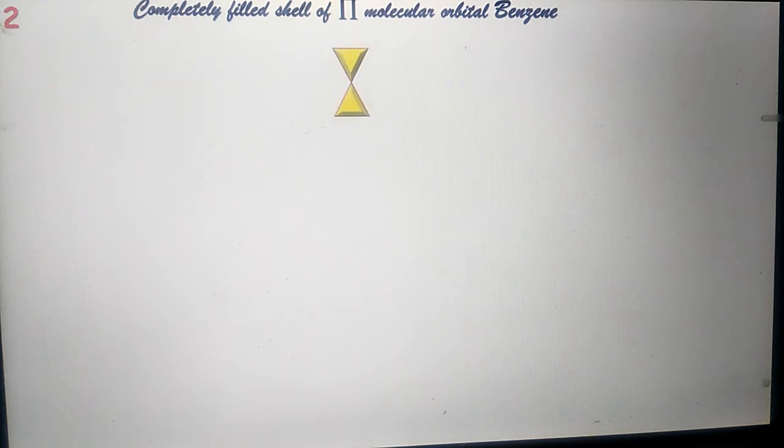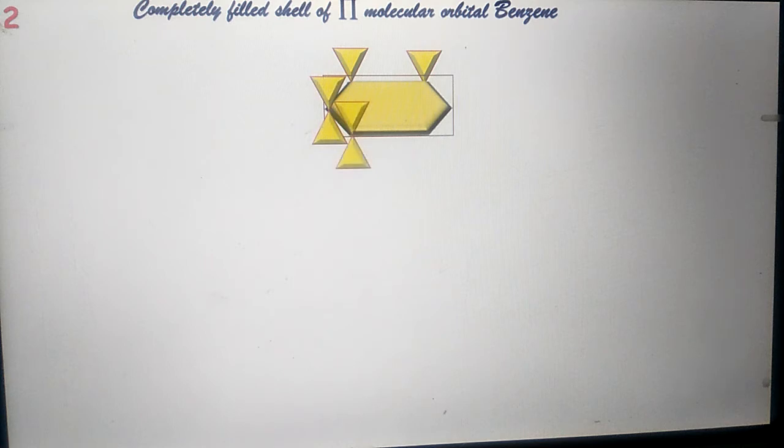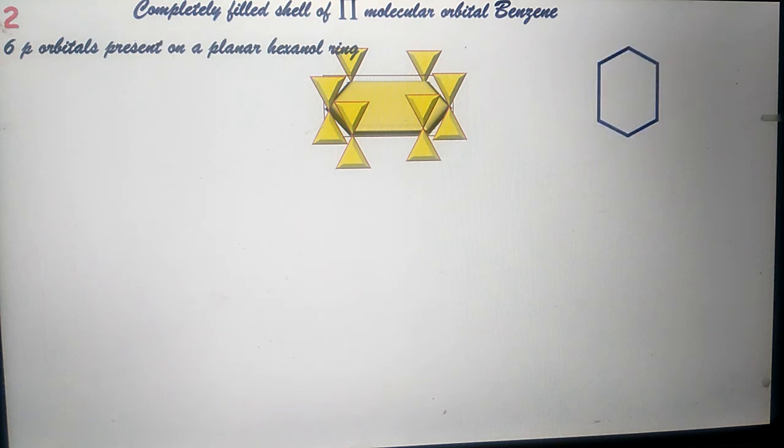For example, benzene. In benzene, 6p orbital are present on planar hexagonal ring. This 6p orbital overlap and results in the formation of 3 pi bond.